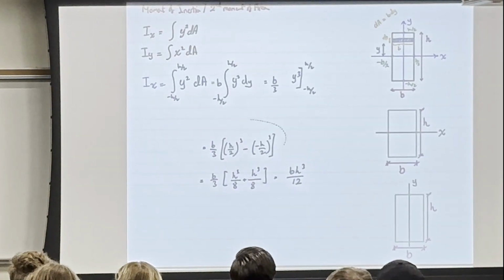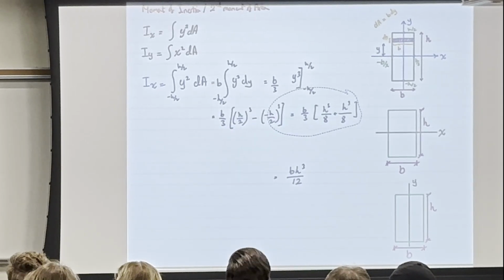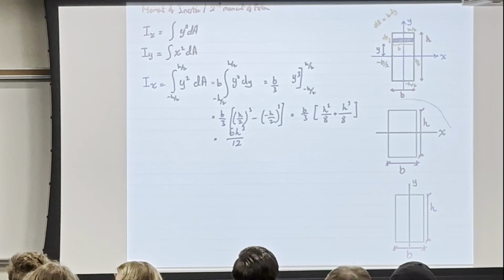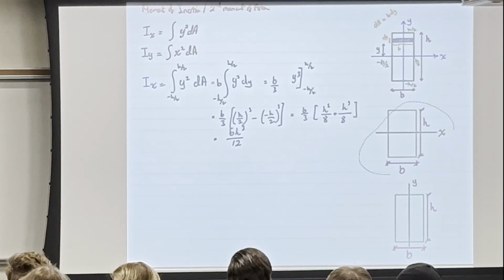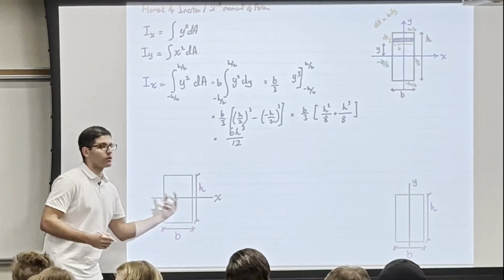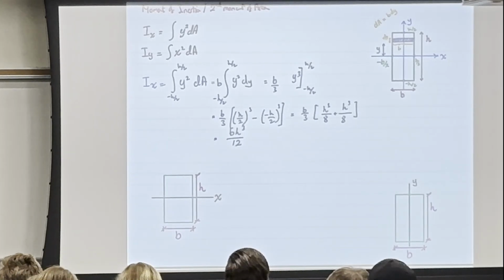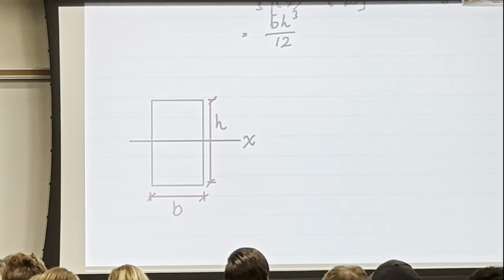Now let's do some shortcuts, or how to memorize all this using the shortcut way. So if I do have this rectangle, and I ask you what is the moment of inertia of this rectangle about x, I want you to memorize this by heart for only rectangle and square.